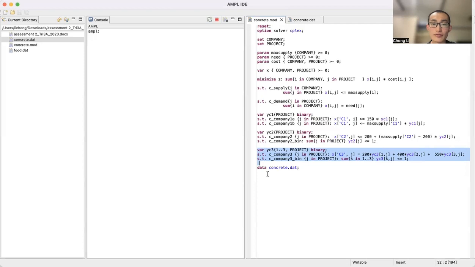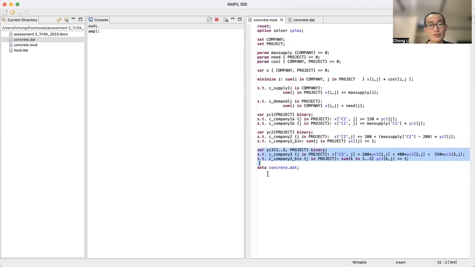It means that for these three packages, you can only supply 200 units once, 400 units at most once, and 550 units at most once.